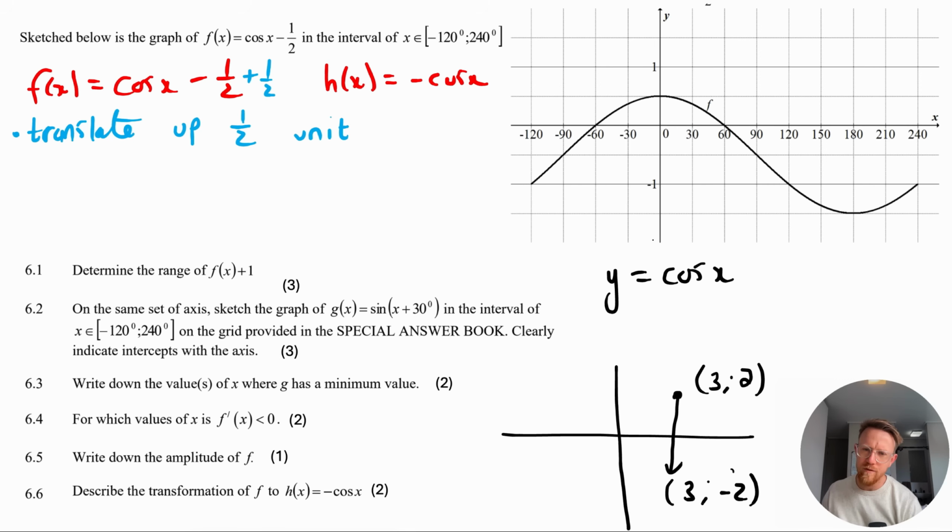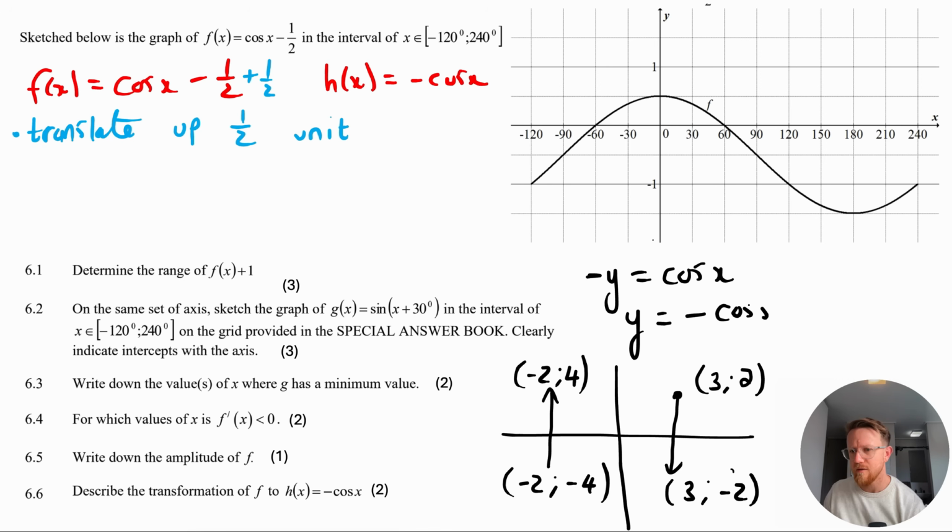And if you were, for example, let's say you were here, and then you reflect it that way, once again, the x doesn't change, but the y flips over. So that's what happens when you flip over the x-axis. So if you had to take this expression and flip over the x-axis, we know that the y's become the opposite of what they were. And then if I have to take this now and get the y alone again, I would end up dividing by negative 1, and so I'd end up with negative cos x on the right. And that's what we have here.